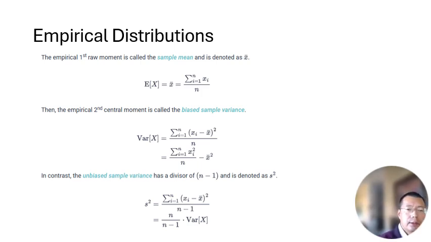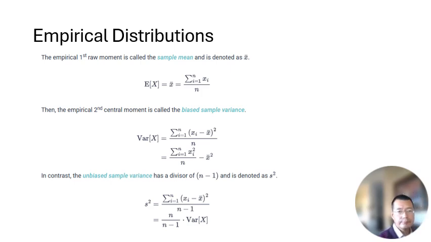Here we need to be careful. There's another concept, the unbiased sample variance, which has a divisor of m minus 1 and is denoted as s squared. S squared has the same numerator, but it's m minus 1 in the denominator.